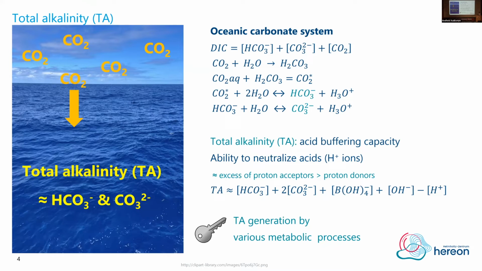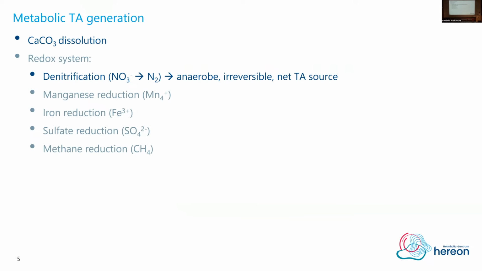The key role in this work is the fact that alkalinity can be generated metabolically, especially on shorter timescales. Some of these metabolic alkalinity generation processes, which are the focus in this work, are either calcium carbonate dissolution, which results in our context in decreasing pH due to metabolic alkalinity activity, or various processes of the redox system that generate alkalinity in various ratios.